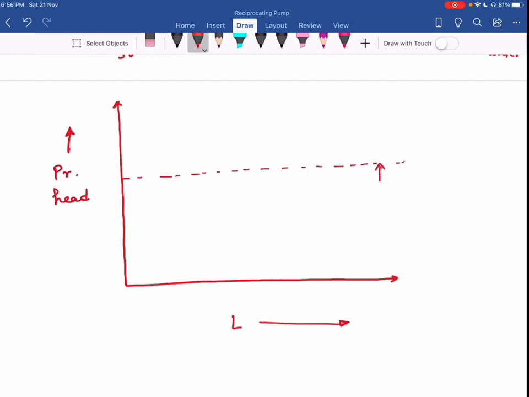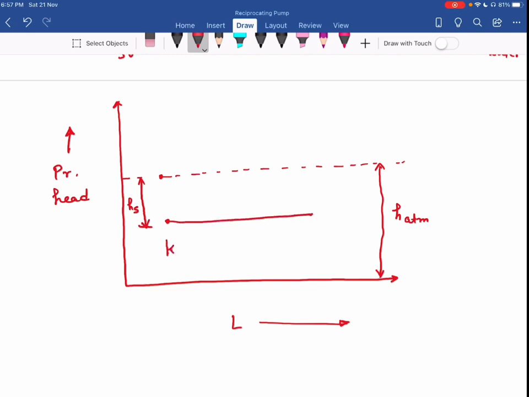So this is the pressure head corresponding to atmospheric pressure, and that is my HATM. Now during suction stroke, I start from here. During suction stroke, pressure is less than atmospheric, that is by an amount HS meter of water, and that remains the same during the suction stroke.